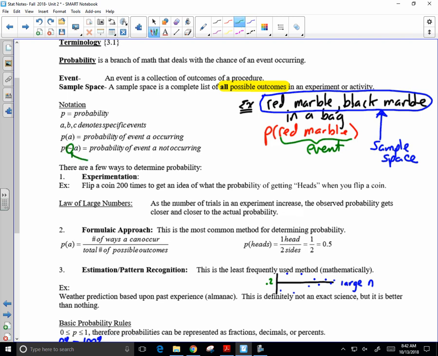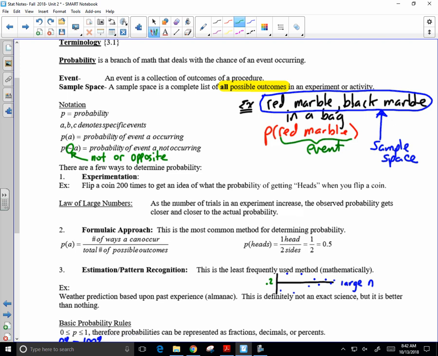Simply it means not. But we could also think of it as the opposite. And in fact, I would say the term opposite actually makes more sense for what we need it for, but it's just easier to say P of not A rather than P of opposite of A, P of complement of A.